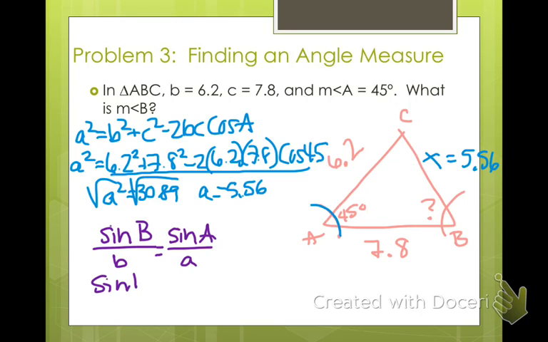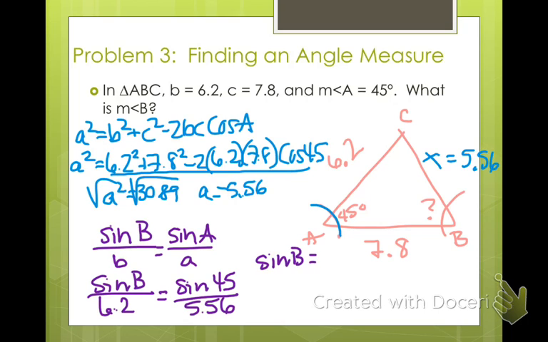So sine of b over side b, 6.2, equals the sine of 45 degrees over 5.56. And then you cross multiply, you simplify. You should get sine b is 6.2 times the sine of 45 degrees over 5.56.